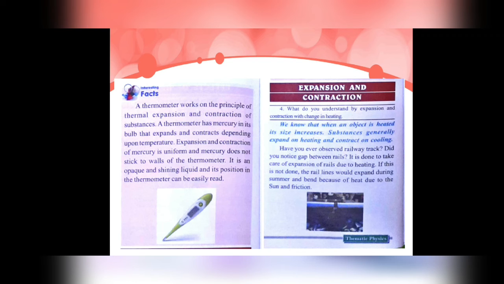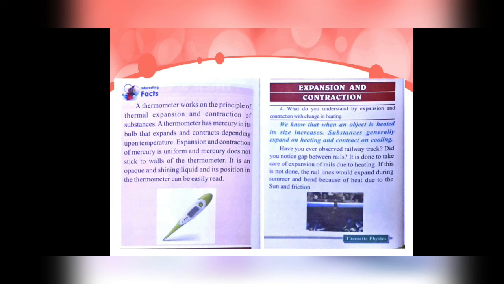The examiner may ask you the question, why is mercury used in a thermometer? Then you can give this answer: the expansion and contraction of mercury is uniform, because mercury expands and contracts evenly. In the same way, mercury does not stick to the walls of the thermometer. These are the two points you can get. The third point, it is an opaque and shiny liquid.